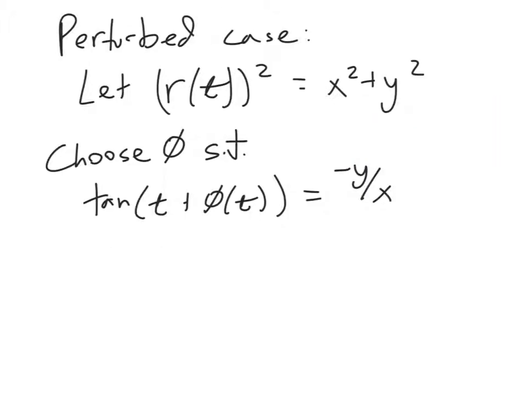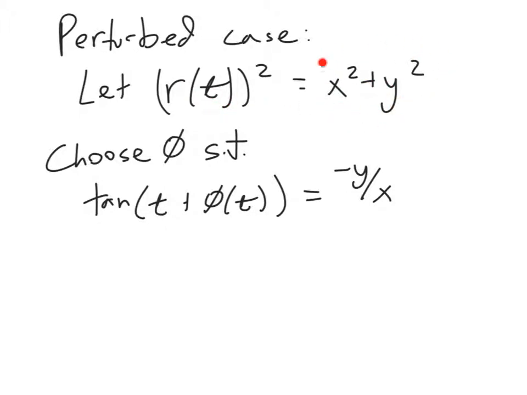So to understand the perturbed equation, let's just say that the solution in the perturbed case has some x and y behavior, and we don't know exactly what it is, but we know it was similar to the simple harmonic motion we saw before. And let's define a new function. It's called r of t, and it's just going to be defined as whatever radius this thing has as a function of time.